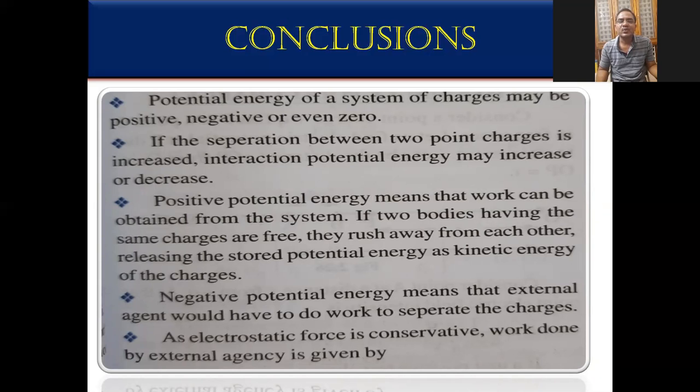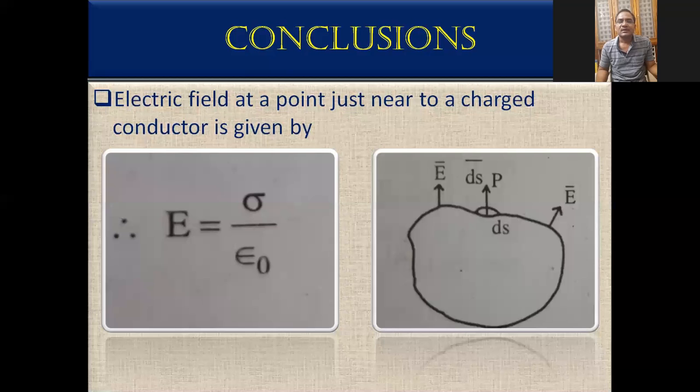When q1 and q2 are like charges, the work done against the repulsive force is taken as positive. Hence the electrostatic potential energy of like charges is positive, and that of two unlike charges is negative.